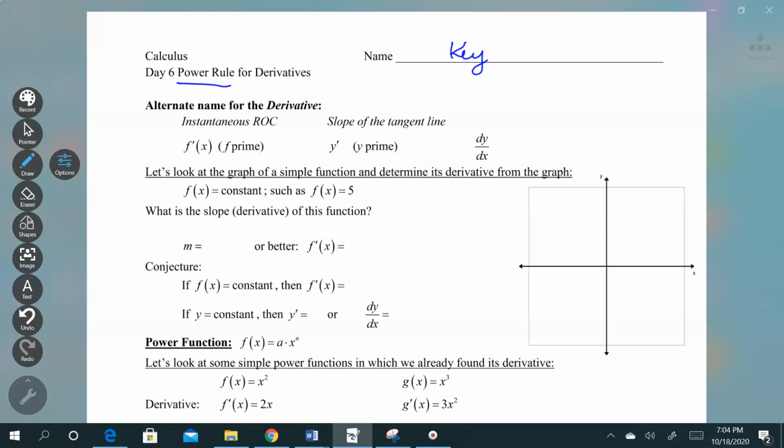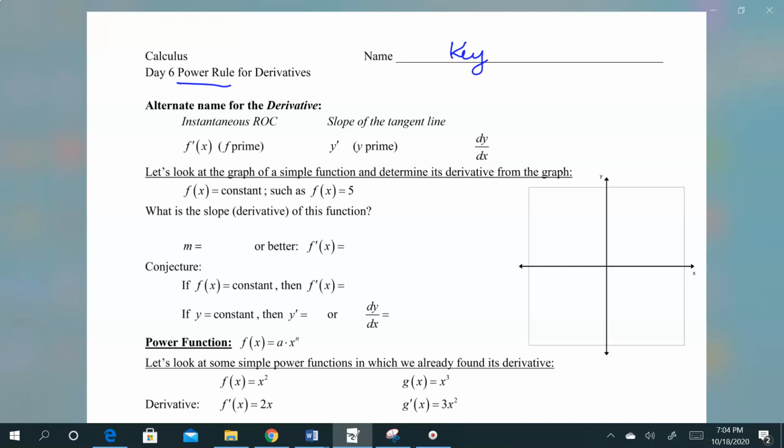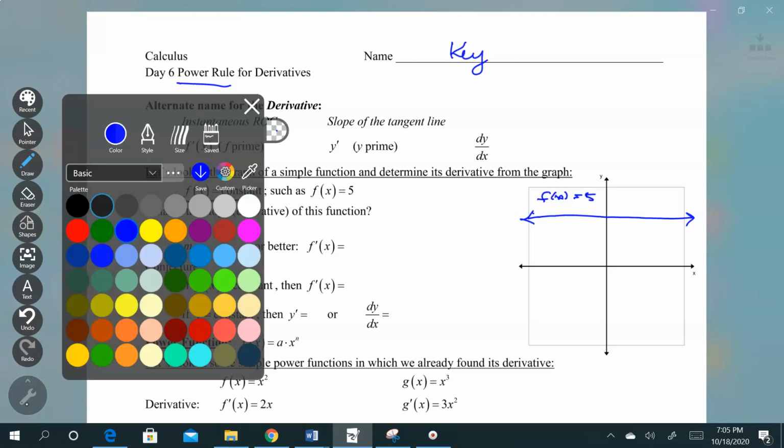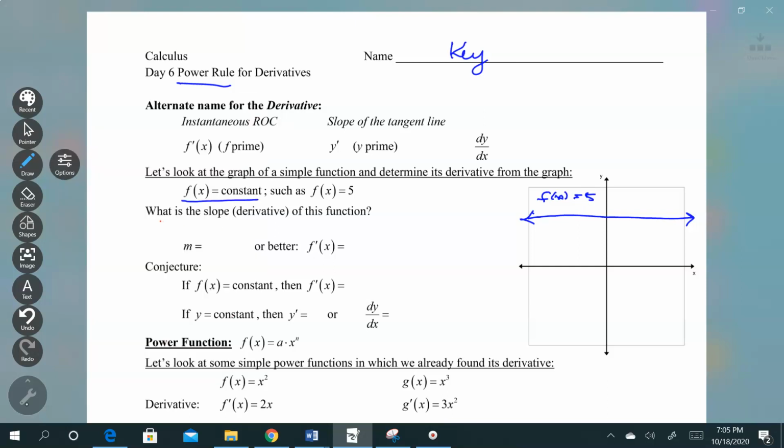So again, another name for a derivative is slope of the tangent line, f prime, dy over dx, and so on and so forth. Let's say we had a graph f of x equals a constant such as 5. That would look like this. This is f of x is equal to 5, a nice horizontal line. So what is the slope of this function?